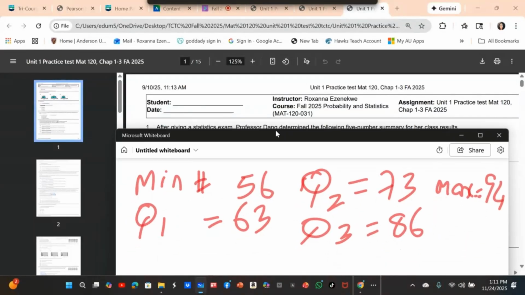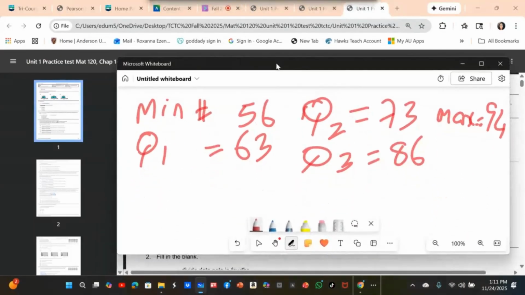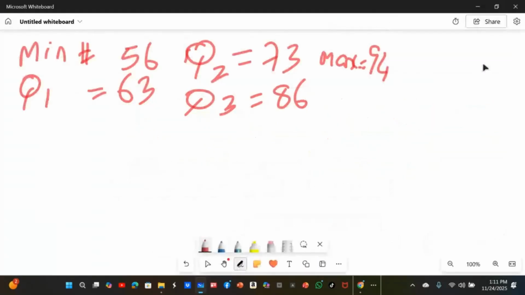So let's do that. Represent this grade in a box plot. So we're going to draw a normal box plot.